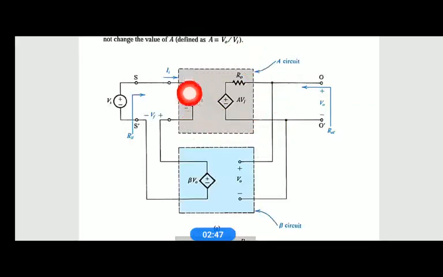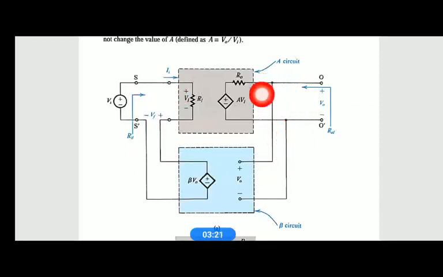So this open loop amplifier is fed back. We are making it a closed loop by using a feedback network here, having a feedback factor of beta, which connects the output of this circuit to the input.